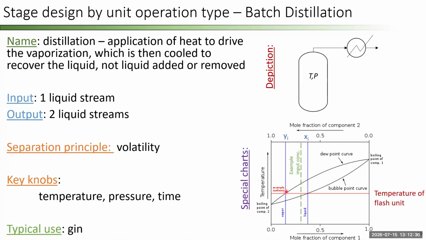Similarly, the concentration of my vapor is going to change over time. So what molecules are coming off are not going to be consistent over time. As I'm moving along, I can change my overall behavior. This is why, if you were doing single batch distillation of alcohol, you have to be careful and throw out the very first set of your tops which come out, because those contain methanol.